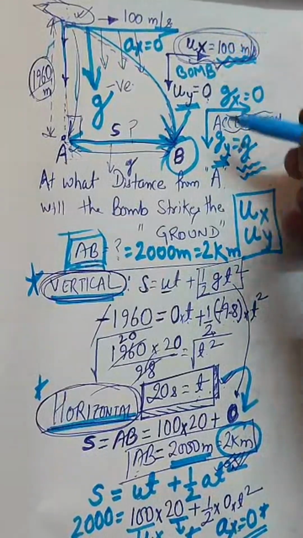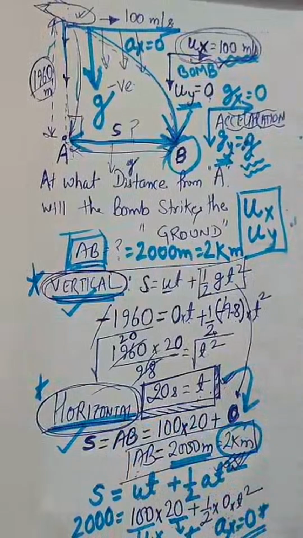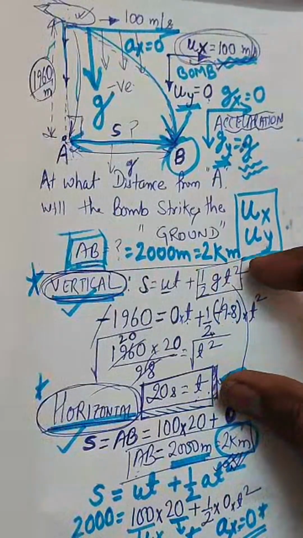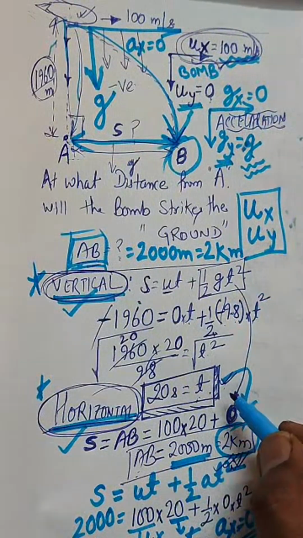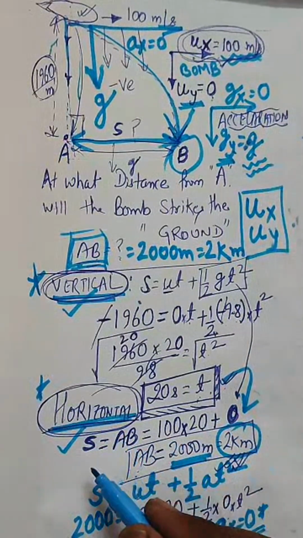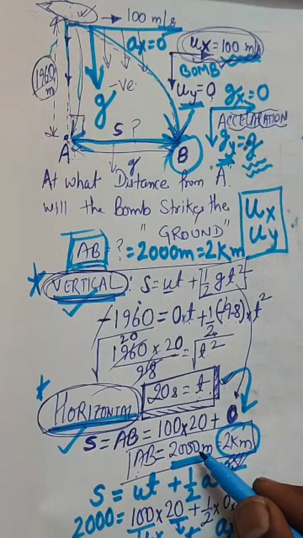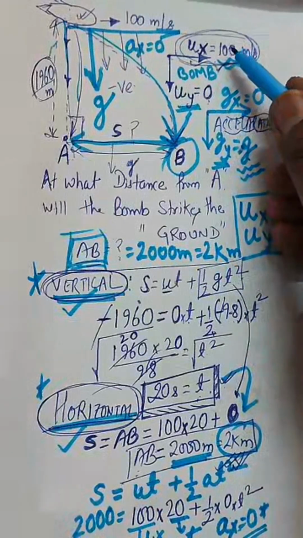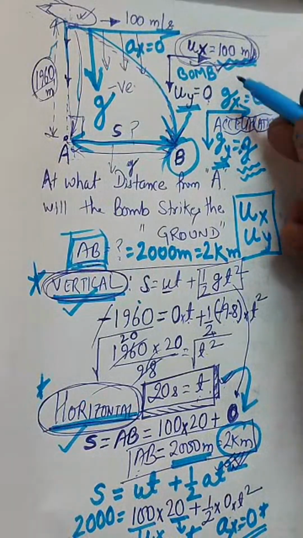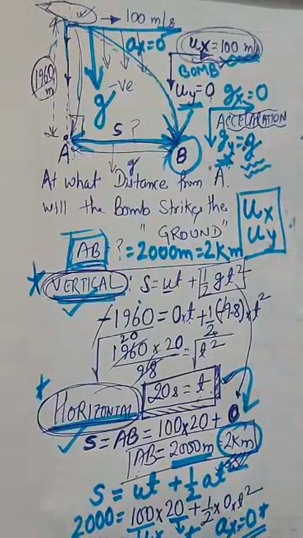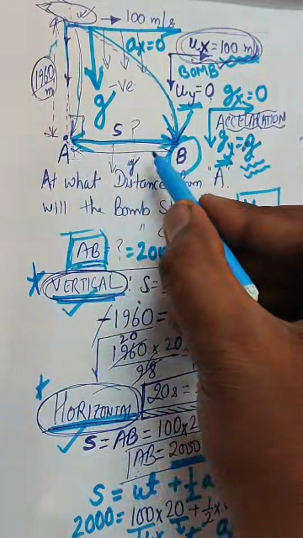So these two components are considered for the vertical and horizontal calculations, right? For the vertical direction, s equal to ut plus half gt square is applied. From this we get the value of t. And for the horizontal also we applied s equal to ut plus half gt square, and this t is substituted over here. We just consider these two components of the horizontal velocity and horizontal acceleration. These two are considered over here, and we calculated 2000 meter or 2 kilometer is the distance AB.